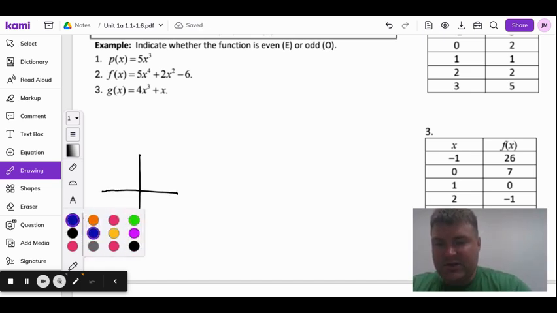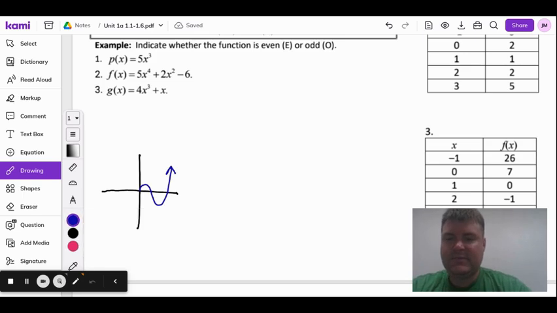If I have a function that looks like this, and I tell you this function is even, that means it's going to reflect over the y-axis, which means it's going to look exactly the same. Okay, so that's how you mirror that over for an even function. Even functions fold over the y-axis.